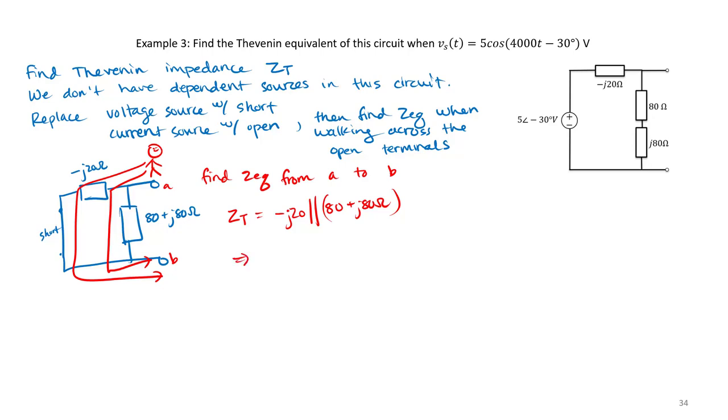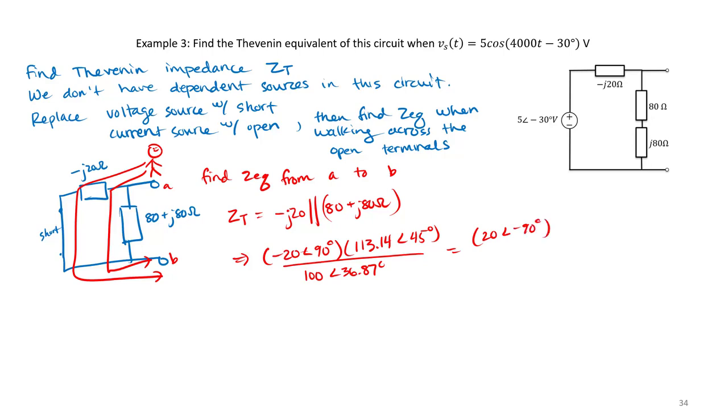So in this case, if we simplify, we'll get negative 20 angle 90 degrees times 113 angle 45 degrees divided by 100 angle 36.87. Notice I have a negative again, so in this case I'm going to rewrite that as 20 angle negative 90.